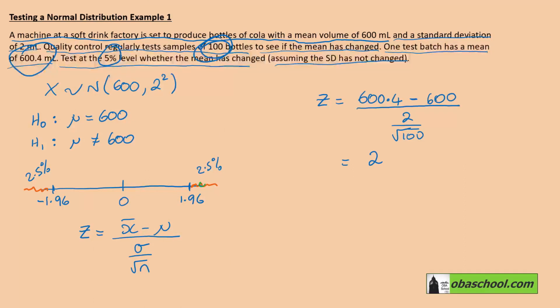Which means that our test statistic is in the critical region. We would therefore have reason to believe at the 5% level that we should reject the null hypothesis and that the mean has changed.